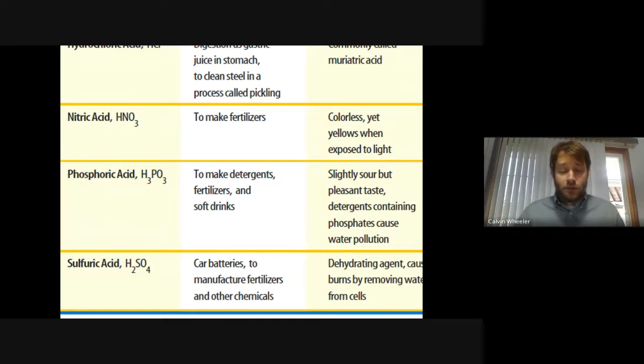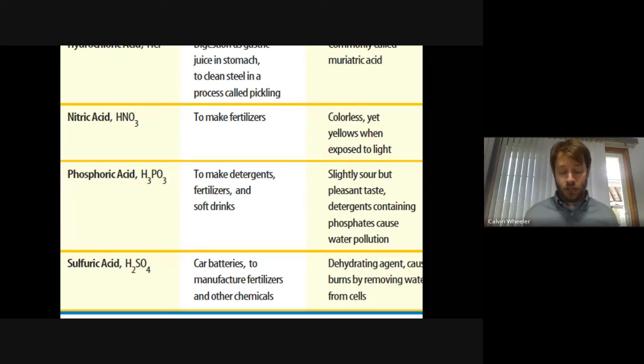But phosphoric acid based detergents are no longer used for domestic use. You can order them special, but they're very expensive because they try to control how much is being used. What they found is that phosphoric acid is extremely bad for the environment, because phosphoric acid released into the environment creates phosphate pollution. As you learned 2 years ago in environmental science, phosphates and nitrates in surface waters is devastating.